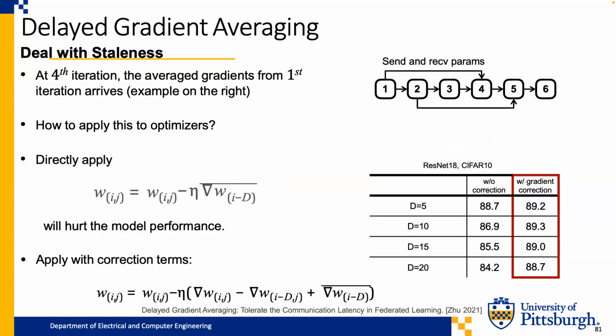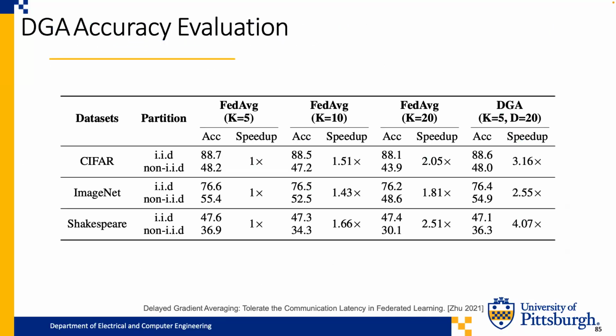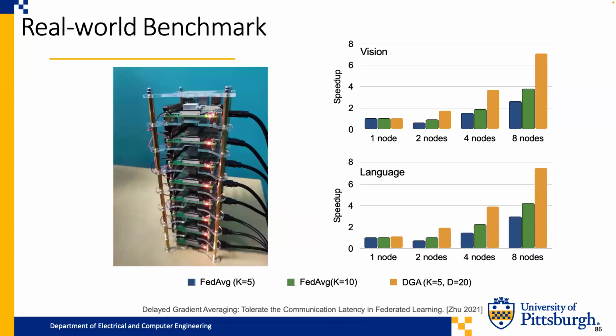Without the correction, that's the accuracy. With the correction, you can see 89, 89, 89, 88.7. Without correction, when you have more and more steps, you can see an obvious drop in accuracy. Then a real world benchmark, 8 nodes, speedup for vision and for language. That's how much speedup you can get.